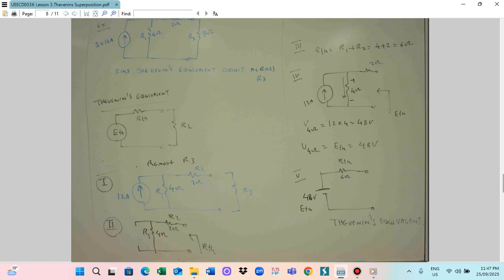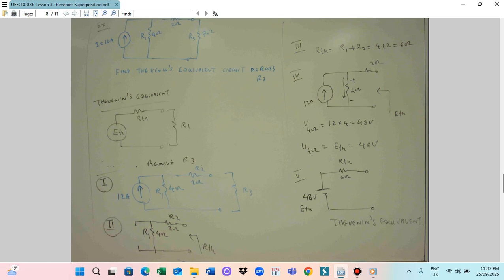The Thevenin equivalent circuit is E_th and R_th connected in series. Now you see E_th we got is 48 volt. So this is E_th, and R_th is the total resistor, which gives 6 ohm.